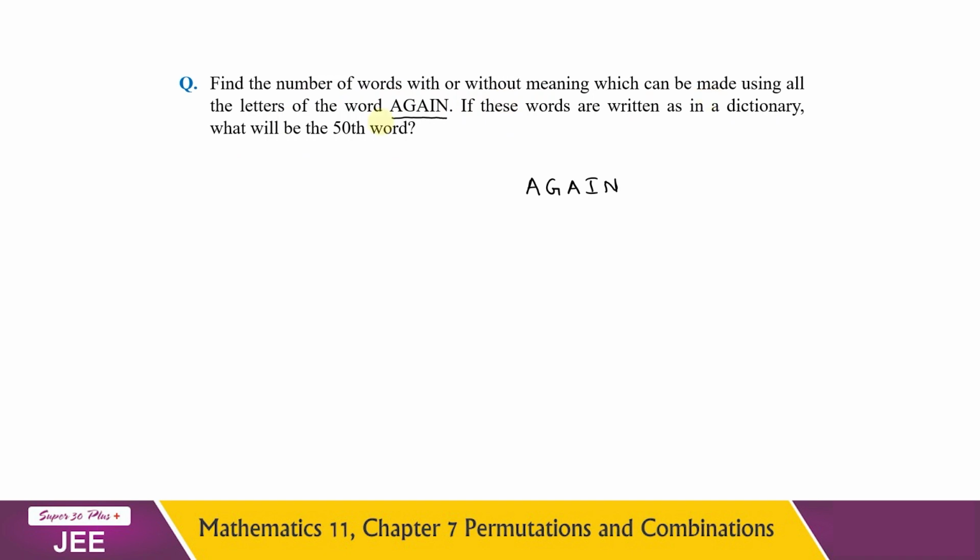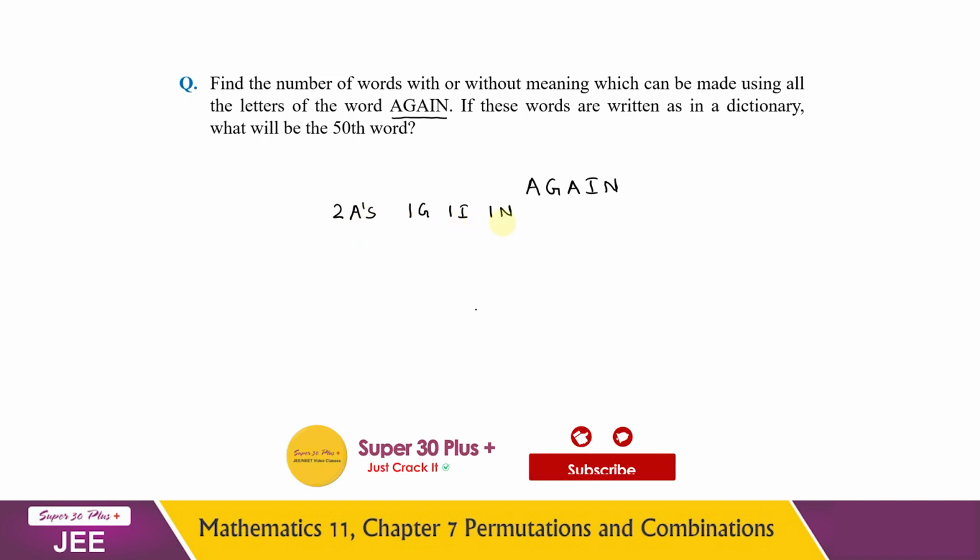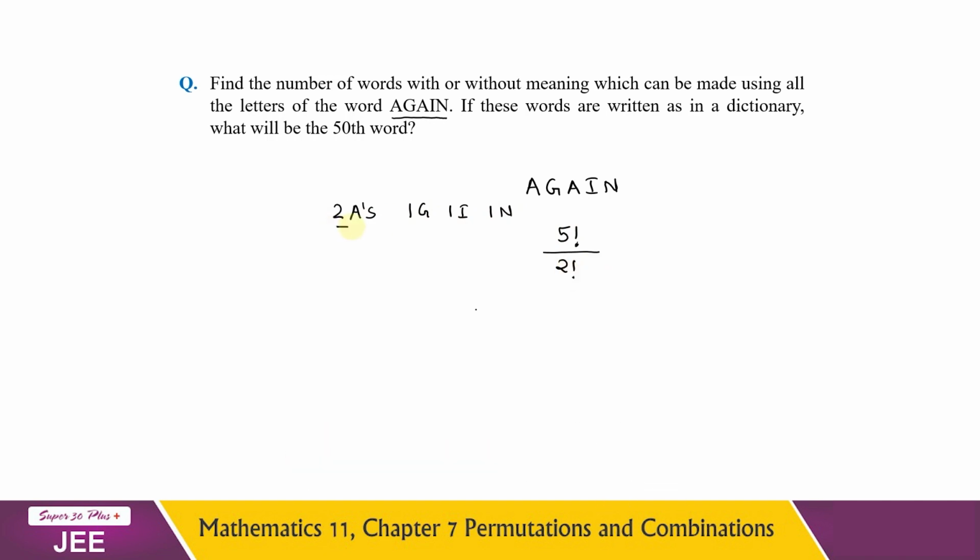In this word we have 2 A's, 1 G, 1 I and 1 N. So in total we have 5 letters. 5 letters can be arranged in how many ways? 5 factorial divided by 2 factorial, because we have 2 A's which are of the same kind.